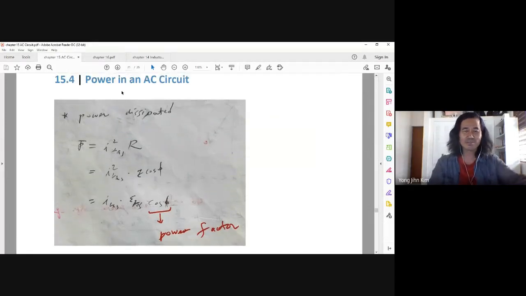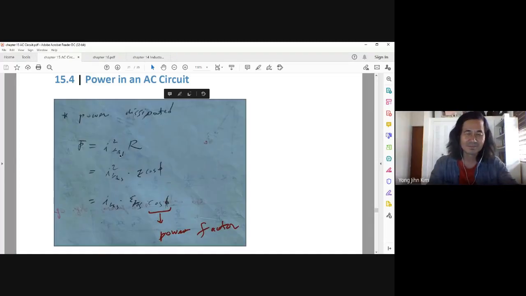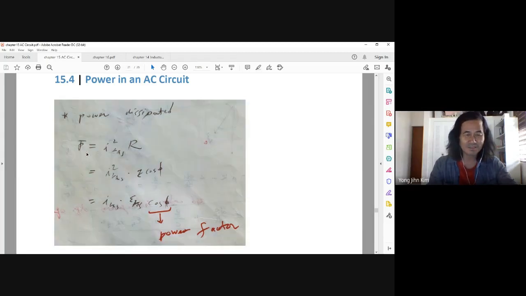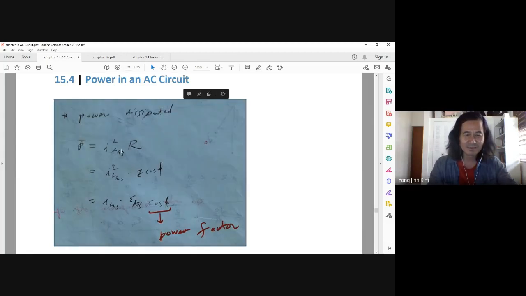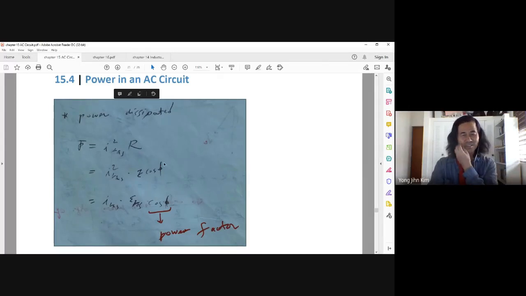Okay, let me look at the power dissipation. Due to the electrical resistance, electric energy is dissipated. So this is the average power dissipation, and that is RMS value of current squared times R. And you remember cosine phi was R over Z. So R is Z cosine phi.